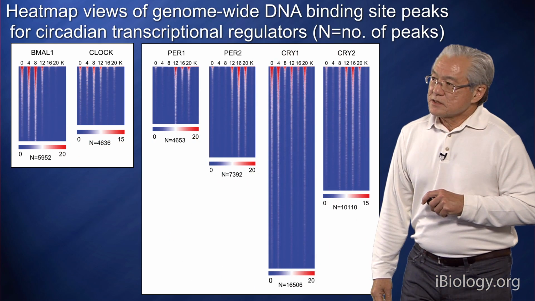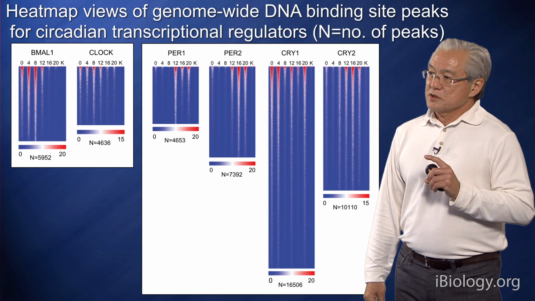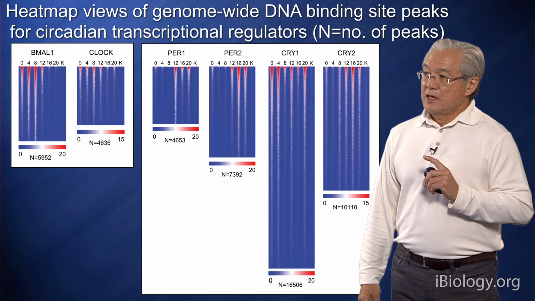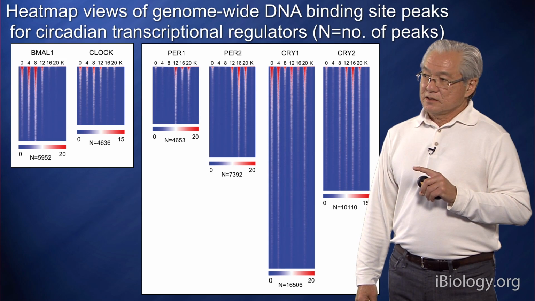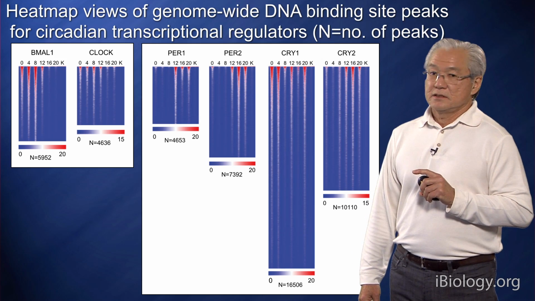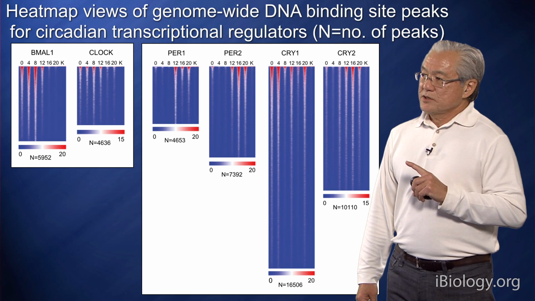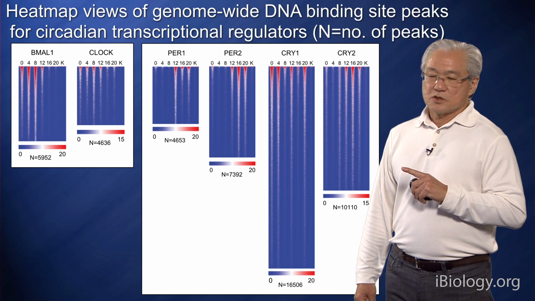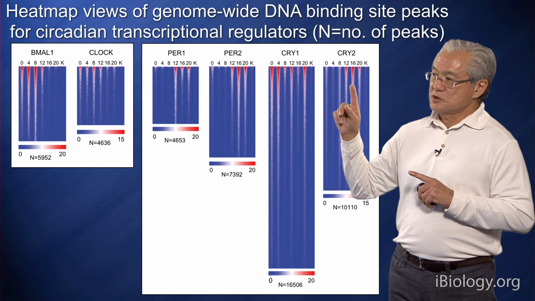And what you can see is that binding is highest between 0 and 12 with a peak around 8 in the case of BMAL1. Similar pattern for CLOCK with a peak at 8. And then the repressors PER1, PER2, and CRY2 are all binding between 12 and 20 across the genome.